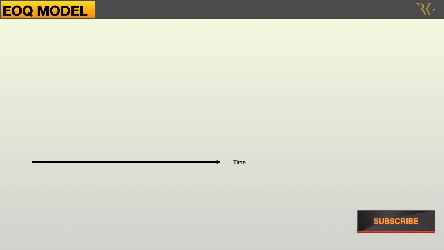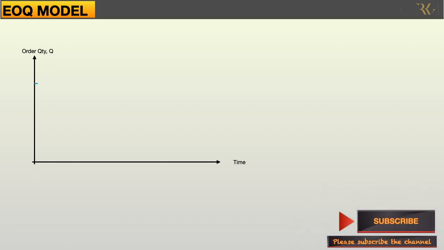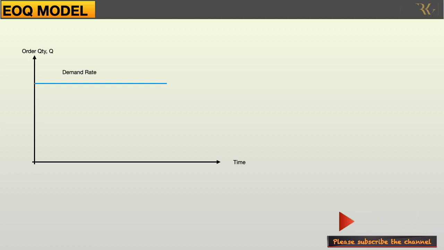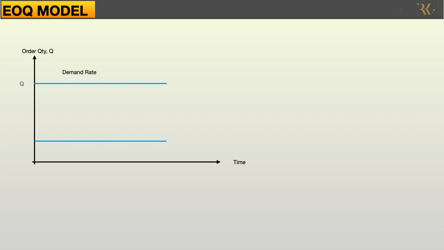We have to calculate a reorder point, when we have to reorder the quantity. The first order quantity we receive is Q. So our stock is updated to Q, and with time the consumption will happen. So our quantity will go down to Q by 4, which is represented by the blue line.